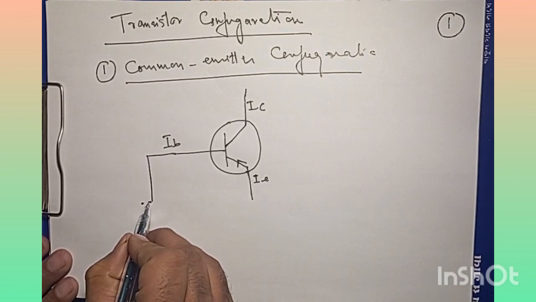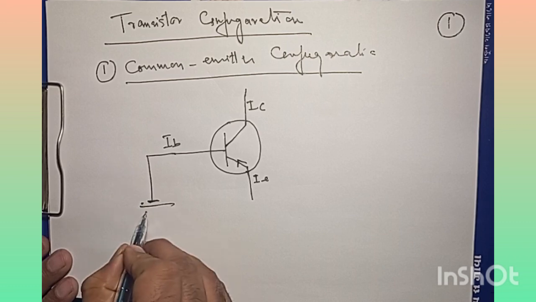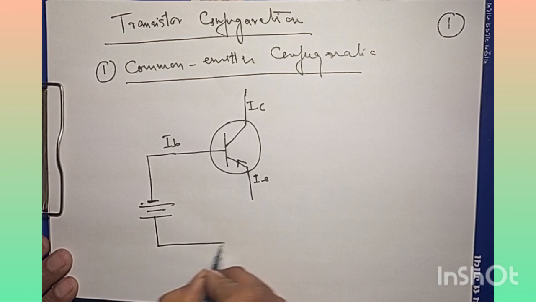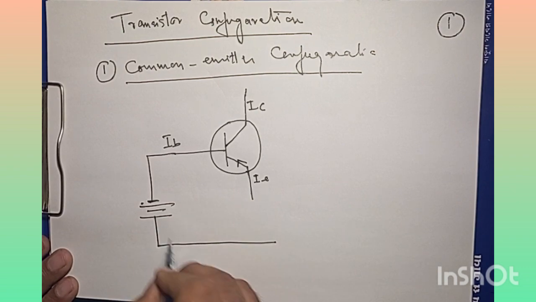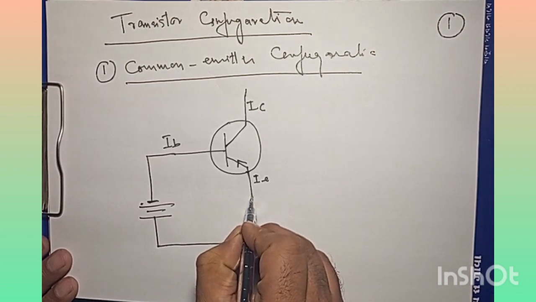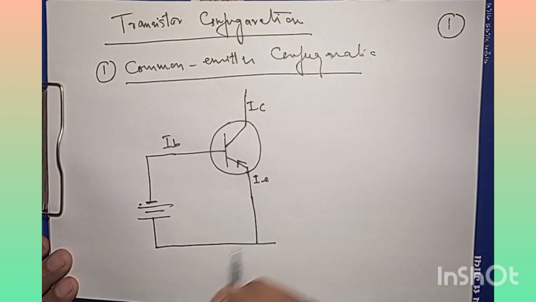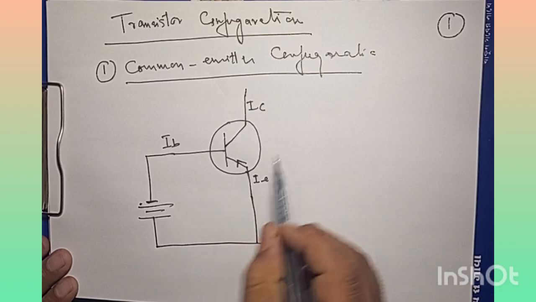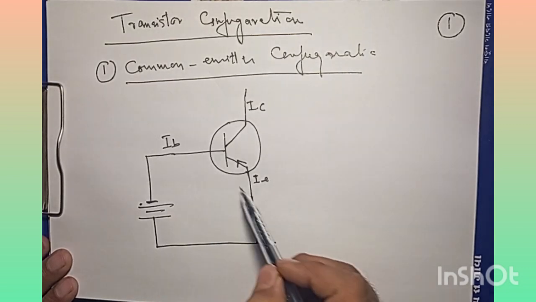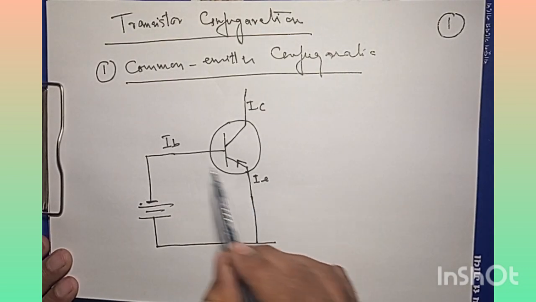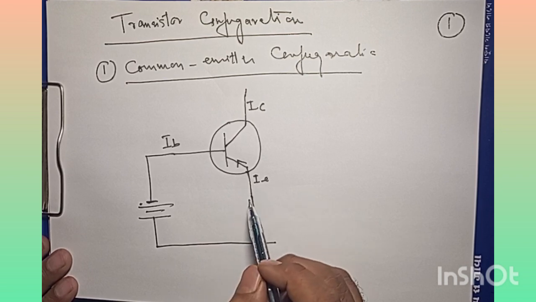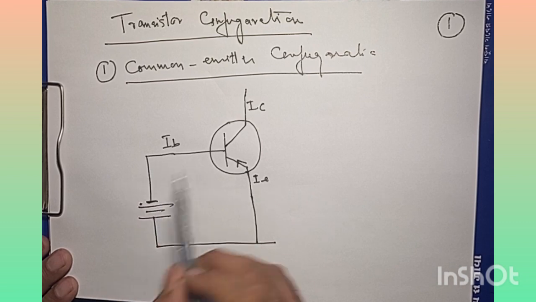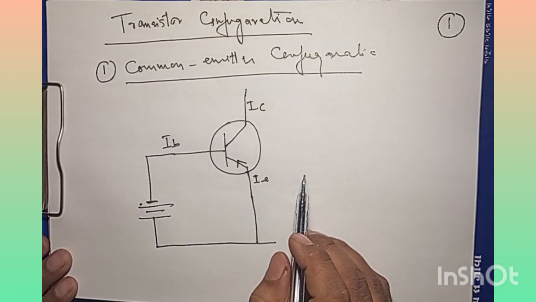So for being forward biased, this should be negative, and here I should have the positive terminal, right? So with this polarity of the battery, I have the input circuit for this common emitter configuration in forward biasing mode, because the positive goes to the P and negative goes to the N region of this transistor.